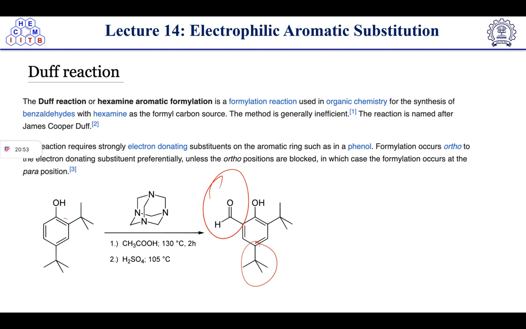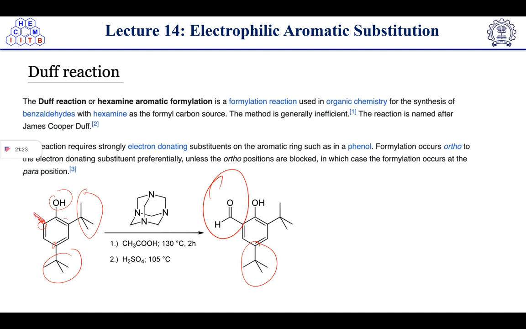This reaction strongly requires an electron donating substitution on the ring, such as phenol, which is also an electron donating group, and it occurs at the ortho position or para position. Here, the para position is blocked, so only ortho position reaction is taking place in this case.